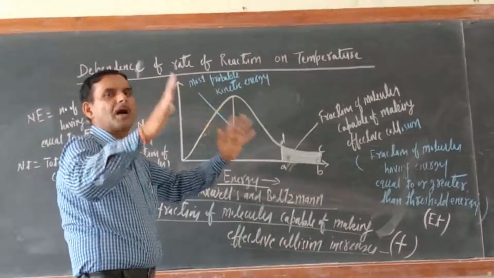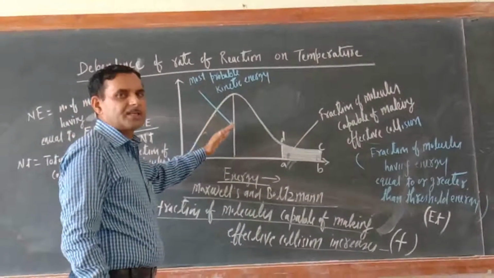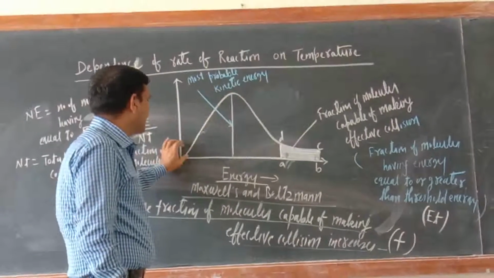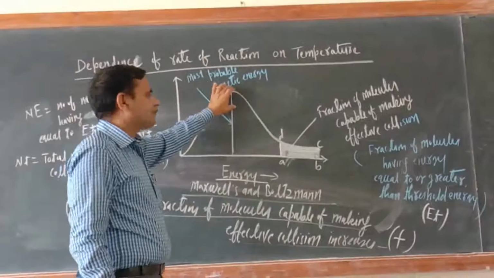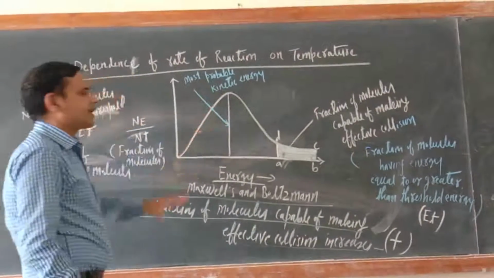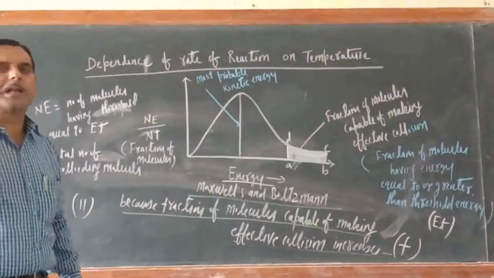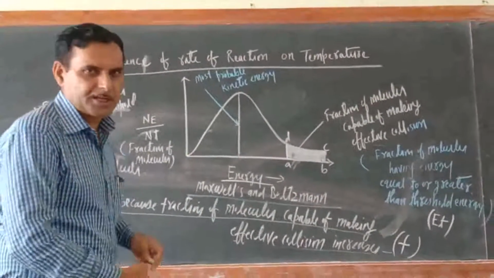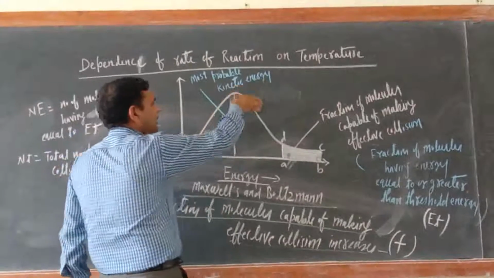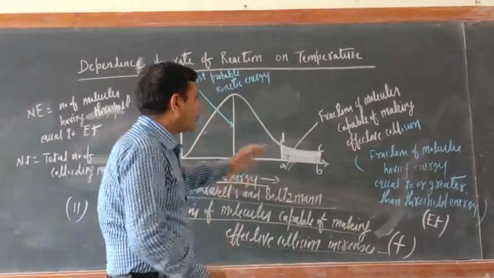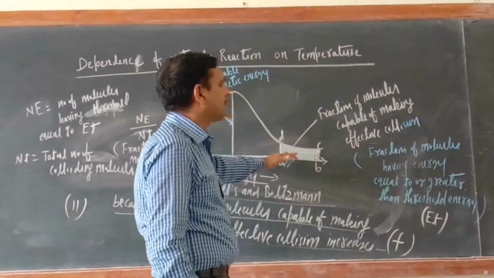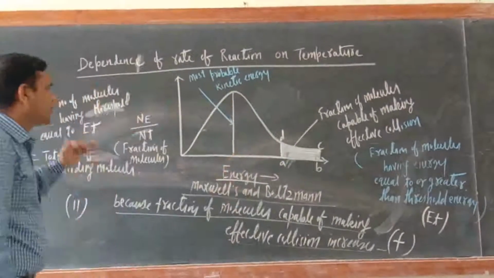Most molecules had energy in between these two. At the beginning they were less, at the peak also they were less. And only a few molecules were capable of making the effective collision.